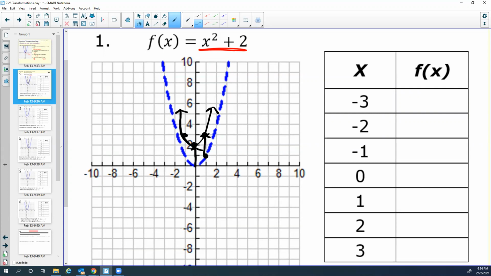So this right here is the up transformation, specifically up 2. So we had 0, 2 in our table. We had 1, 3, and negative 1, 3. We could have also done 2, 4, and it goes up 2, and my new coordinate would be 2, 6.